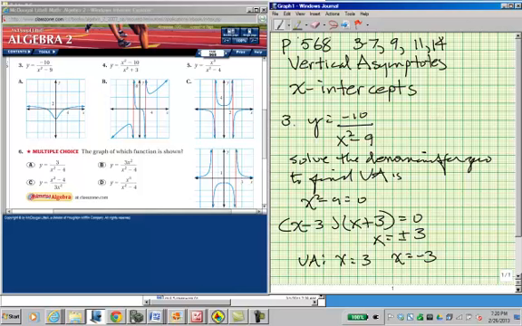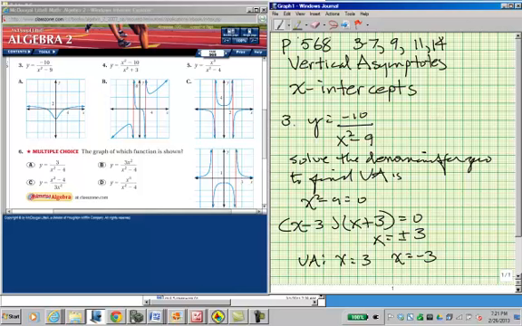So let's look at these graphs. Which one of these has vertical asymptotes at 3 and negative 3? Well, A does not. A has no vertical asymptotes whatsoever. B has two vertical asymptotes, and they appear to come at, let's see, this is 4.